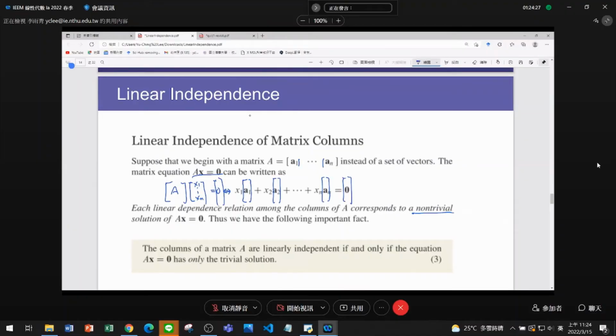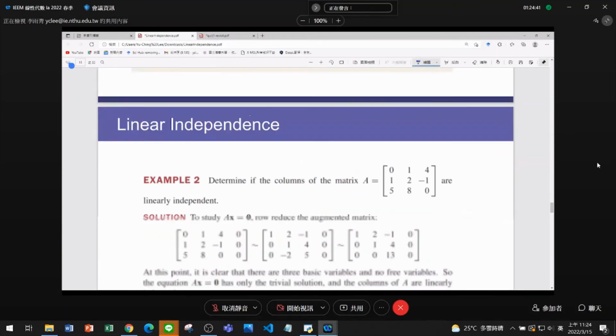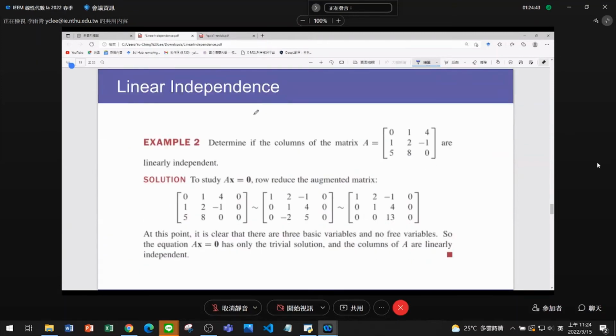The columns of matrix A are linearly independent if and only if the equation Ax equals to 0 has only the trivial solution. So, example 2, we are asked to determine if the columns of the matrix A are linearly independent.